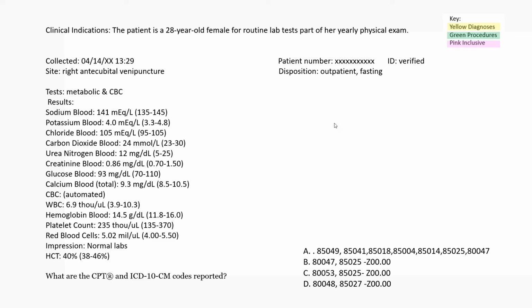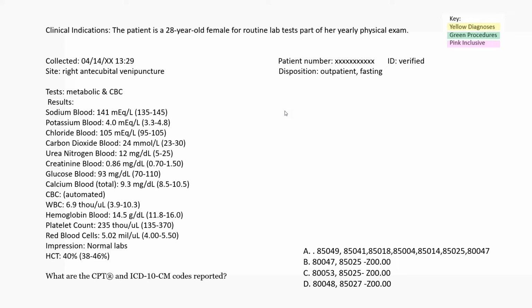Tests: metabolic and CBC. Results: sodium blood 141 milliequivalents per liter, 135 to 145. Potassium blood 4.00 milliequivalents per liter, 3.3 to 4.8. Chloride blood 105 milliequivalents per liter, 95 to 105. Carbon dioxide blood 24 millimoles per liter, 23 to 30.